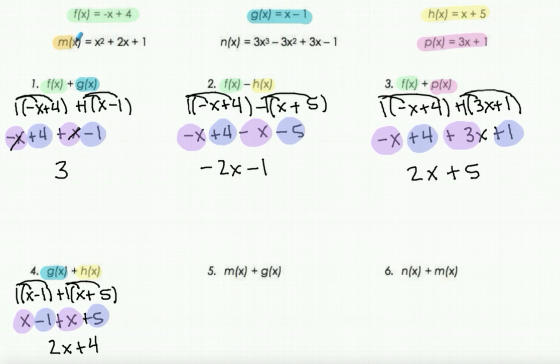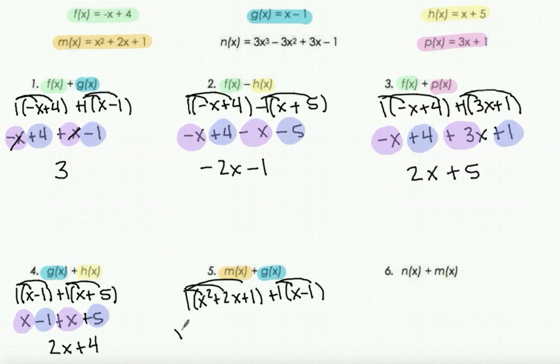In number 5, I've got m of x plus g of x. So my m of x is equal to x squared plus 2x plus 1. My g of x is equal to x minus 1. I'll put my ones out front and distribute.